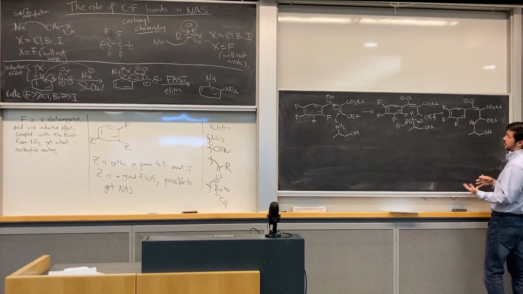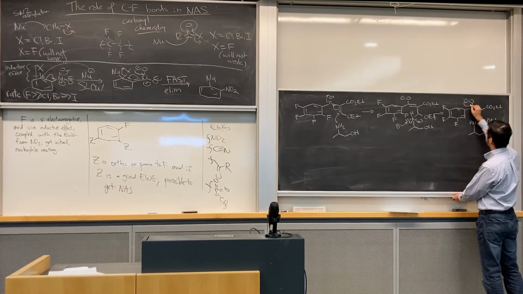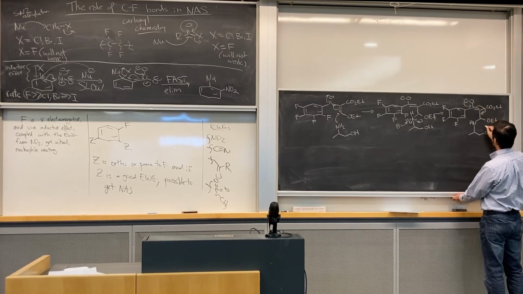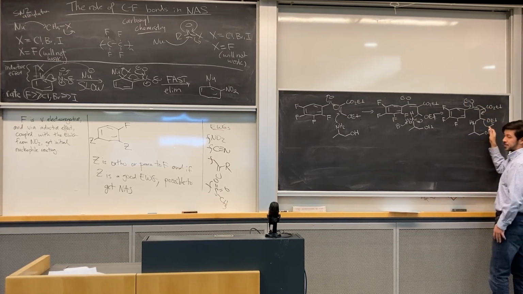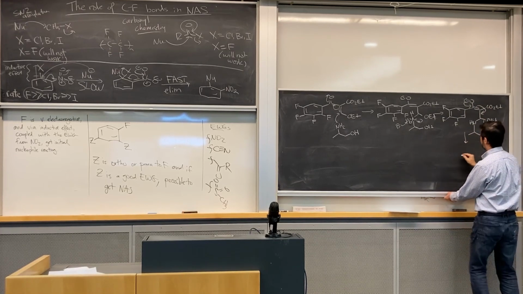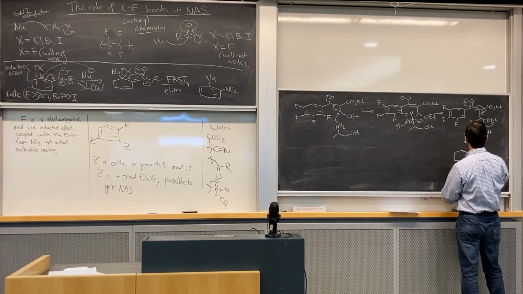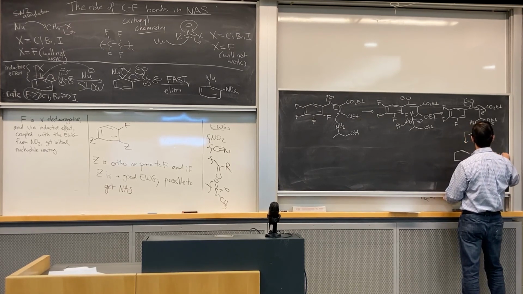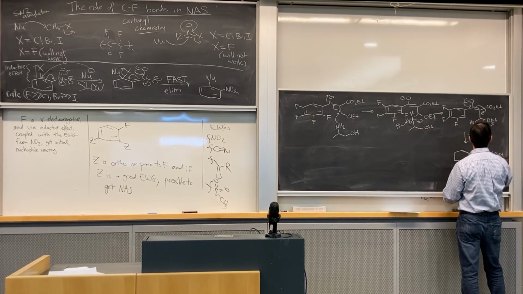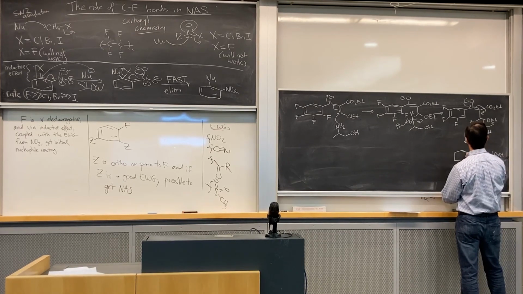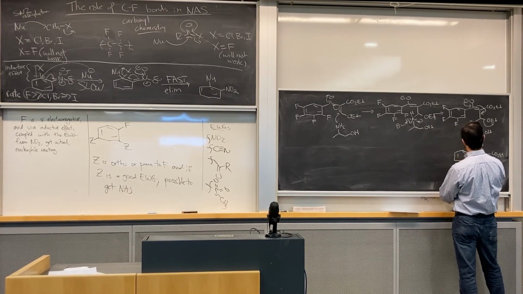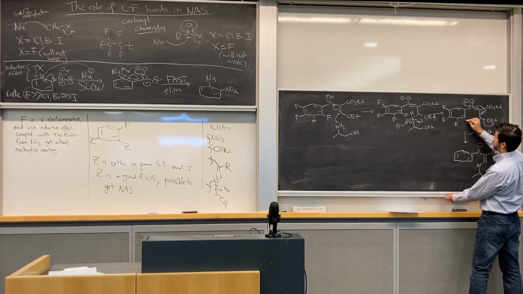Okay, and then like we've seen with the substitution reactions, electrons will come back down, reform that double bond, and that's your leaving group. All right, so we have 4, so I forgot the fluorine here.